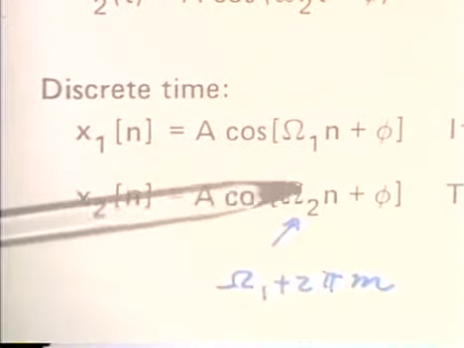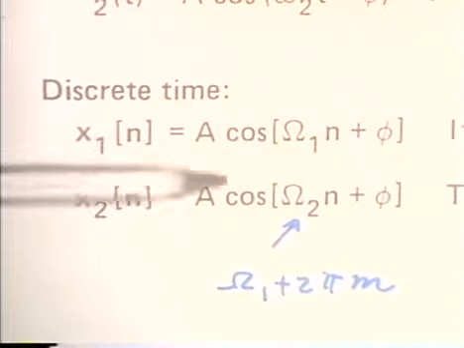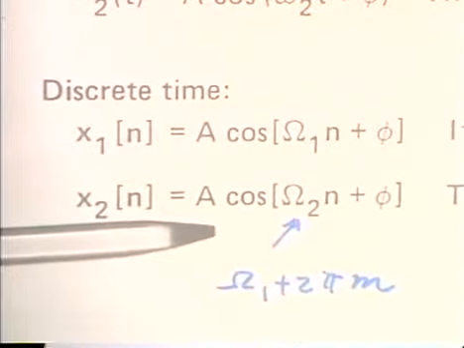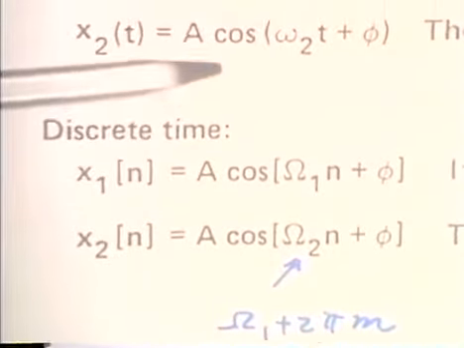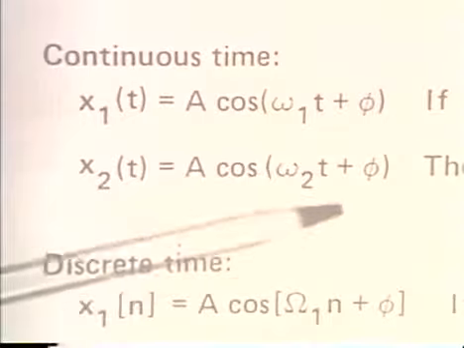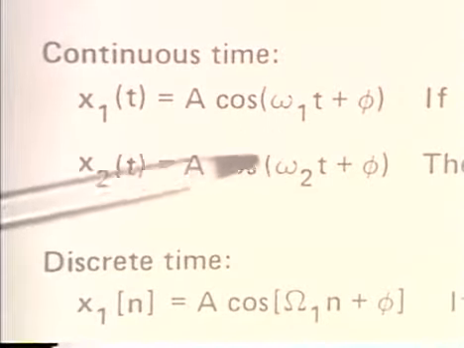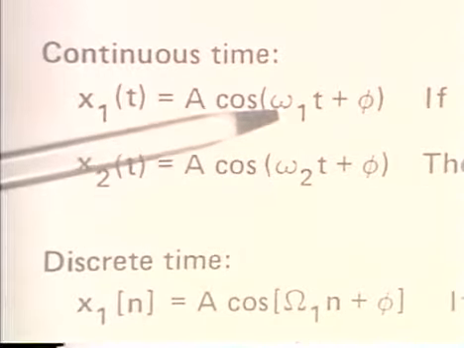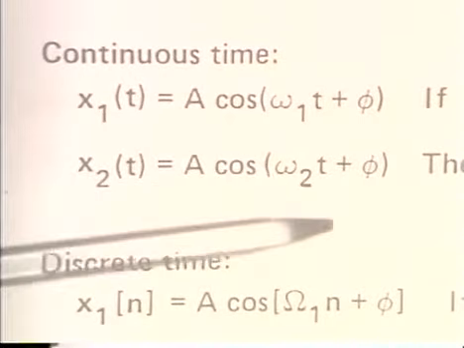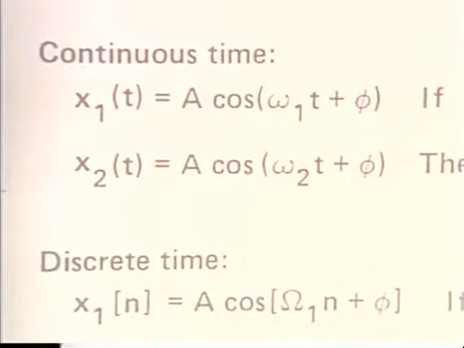That term will disappear because of the periodicity of the sinusoid, and these two sequences will be equal. On the other hand, in the continuous time case, since t is not restricted to be an integer variable, for different values of omega 1 and omega 2, these sinusoidal signals will always be different.